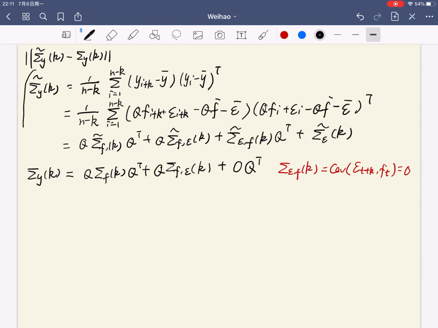So for this bound we apply the triangle inequality.